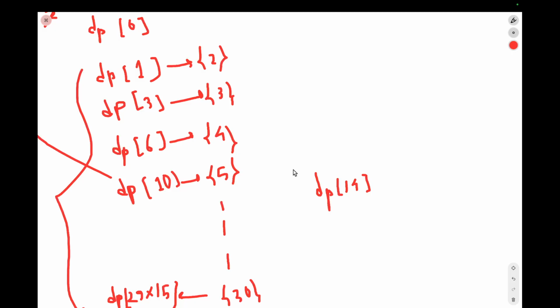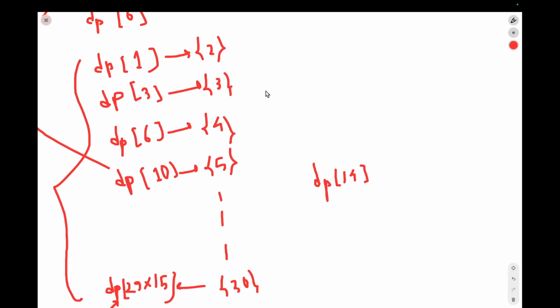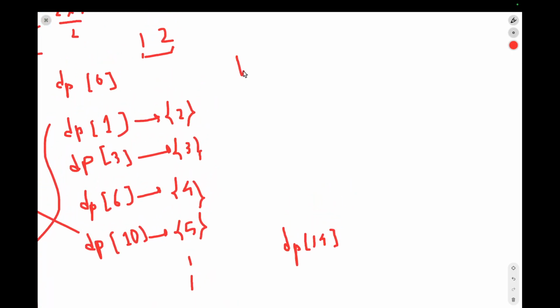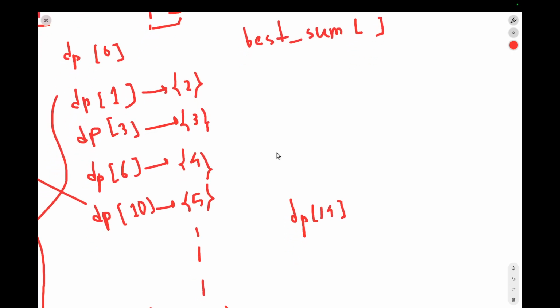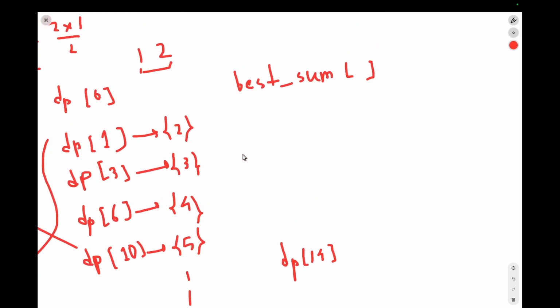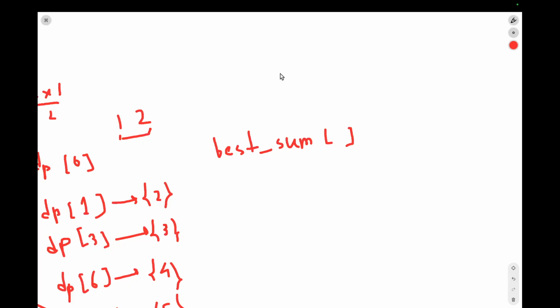Another thing I want to say is that we will also maintain a best sum array. I will say why I am using this best sum array. So what will it represent? Base sum means, let's say we have an answer like this, here are all one element answers.